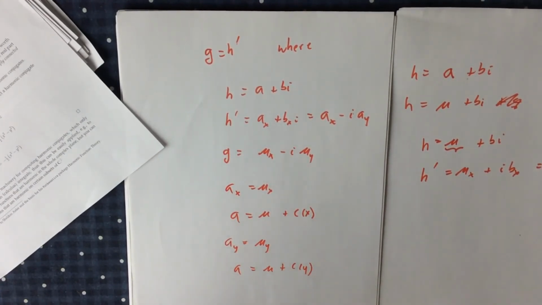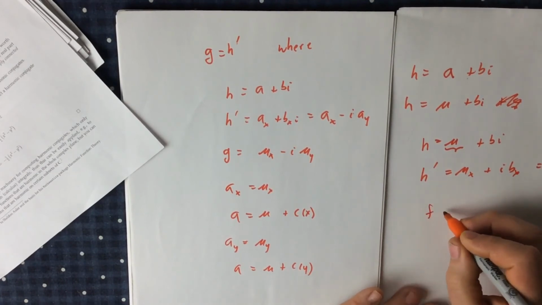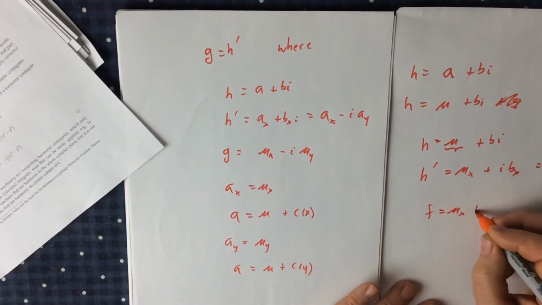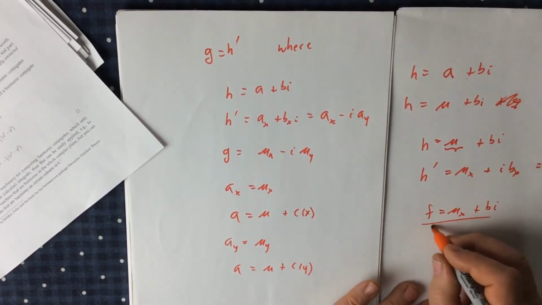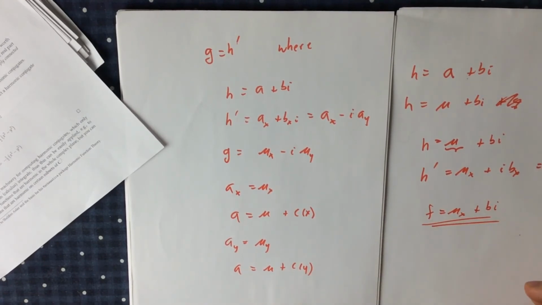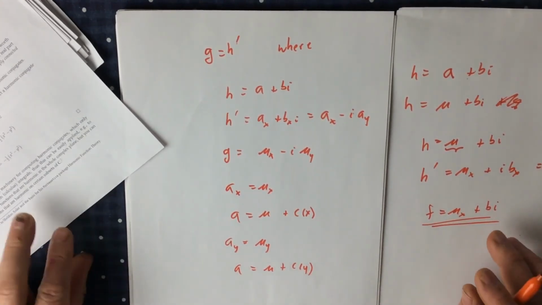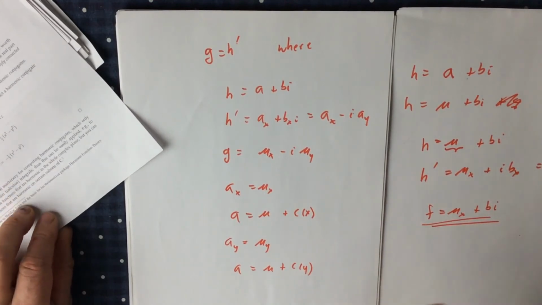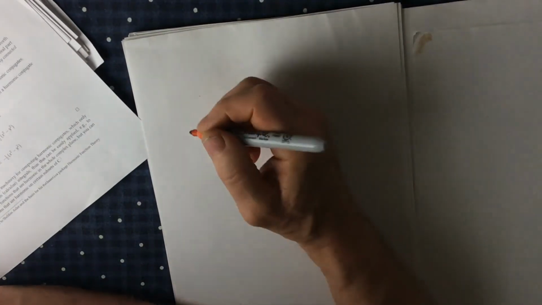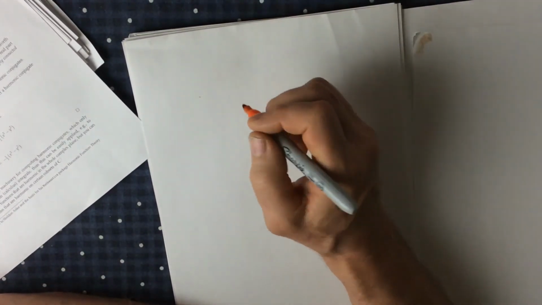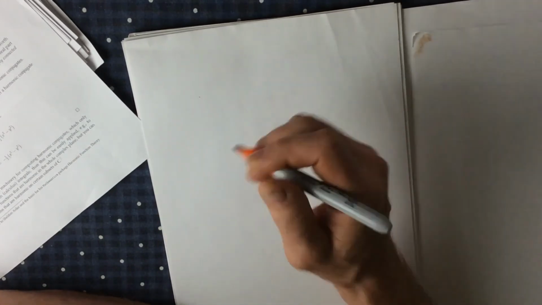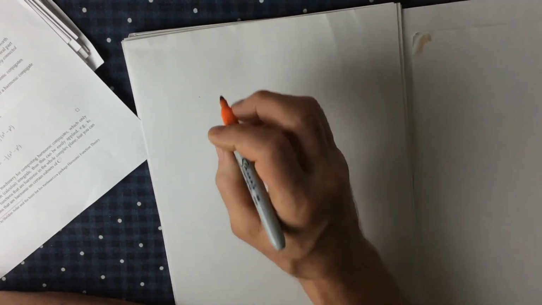And so we have a function f that has what we want. That's kind of amazing. What does this mean? Well, this means that when we have a harmonic function, then we can actually find its harmonic conjugate and make a holomorphic function.